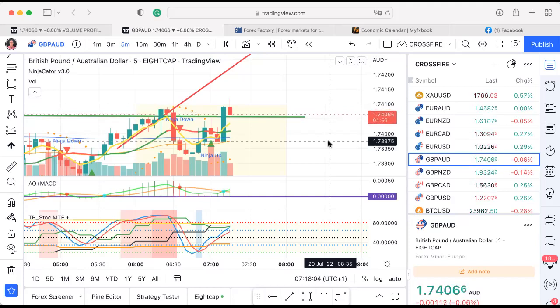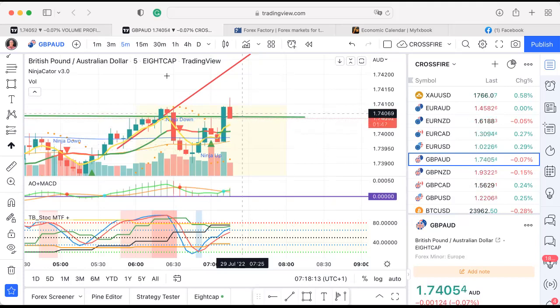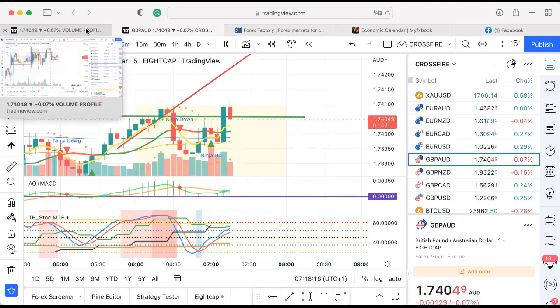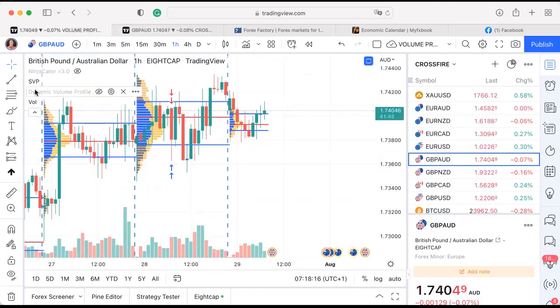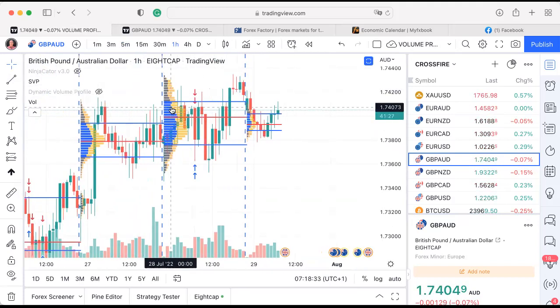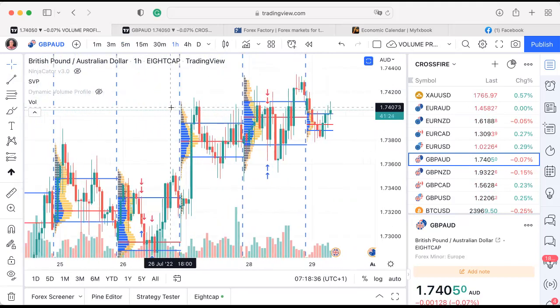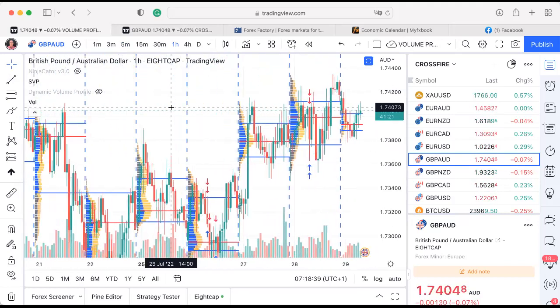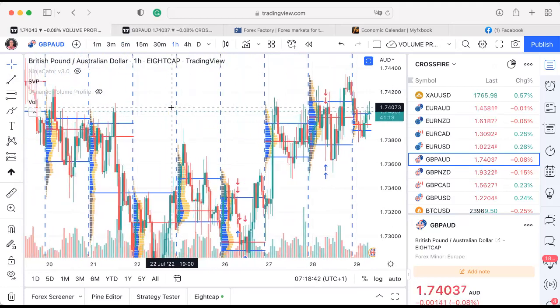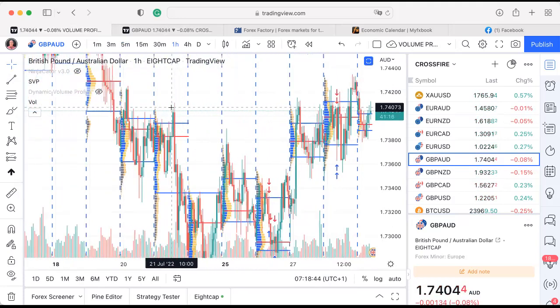Well, 2 minutes left on this candle. Richard, what's your volume profile indicator? Is that just a standard one? Yeah, I've got SVP, which is session volume profile. And then the other one that I use is the fixed range volume profile, where I just do 1 day. Session volume gives you volume profiles for individual day sessions. So I've got volume profile on my chart for quite a few days going back in time.